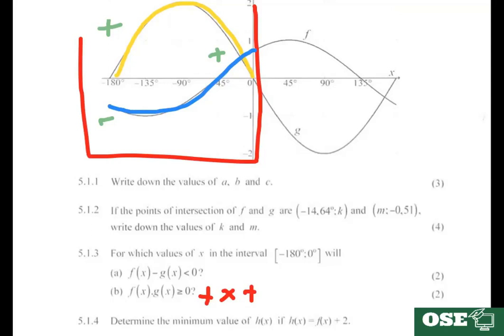You are saying negative 45 degrees and negative 80? Yes. Negative 80 is here. And here, can you see f of x is negative, but g of x is positive? And my question was, where are both graphs positive?